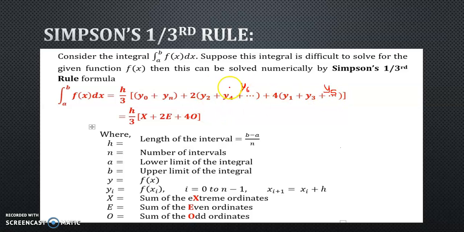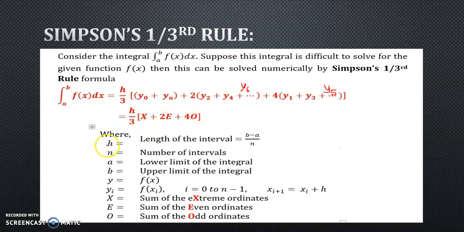So the formula can be easily written in a short form, that is h by 3 times (X plus 2E plus 4O), where X is the sum of the extreme ordinates, capital E is the sum of the even ordinates, that is y2, y4, y6 etc., and capital O is the sum of the odd ordinates, that is y1, y3, y5 etc. So this is Simpson's 1/3 rule.